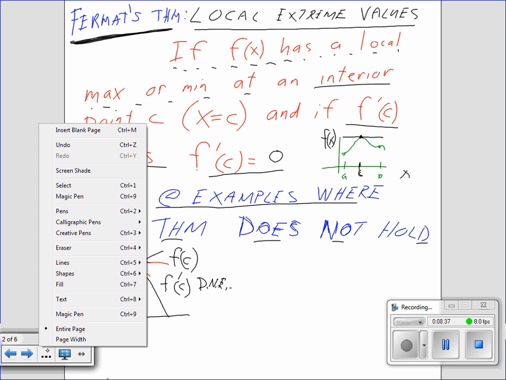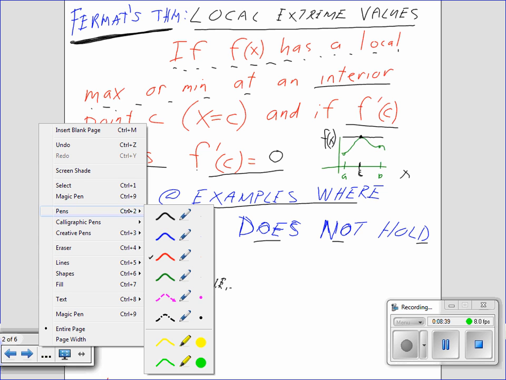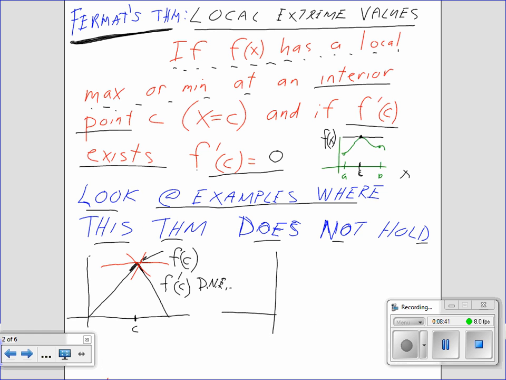Okay, let's try another one. Well, how about something like this? Here's a function, and it's just y equal to x. Here's a. Here's b. This is a function of x equal to x. Well, here's my max.